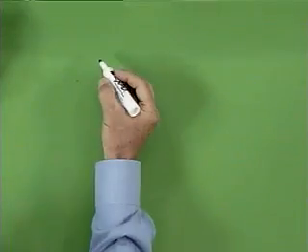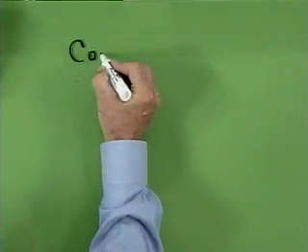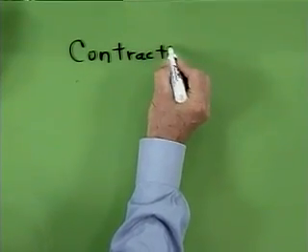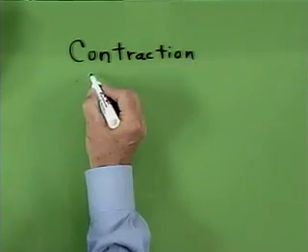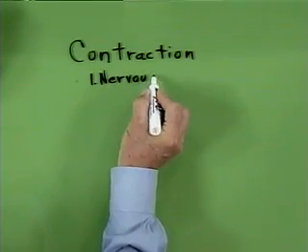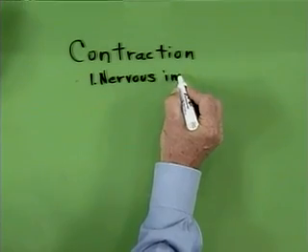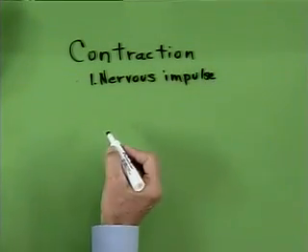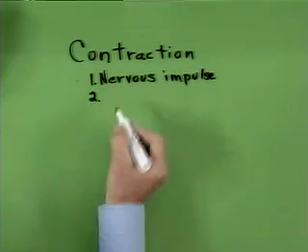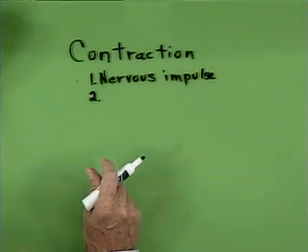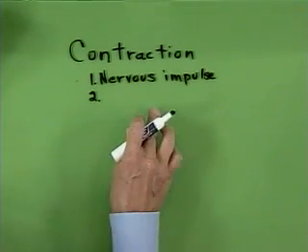Well, let's go to the overhead for just a second. We'll just write contraction up here. So we've got the nervous impulse. We've got to have that. What it actually causes to happen in the muscle cell is that the muscle cell itself has an impulse.